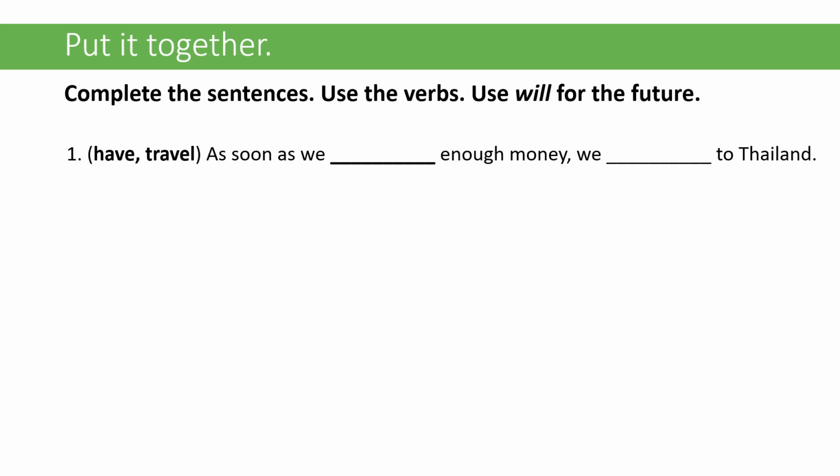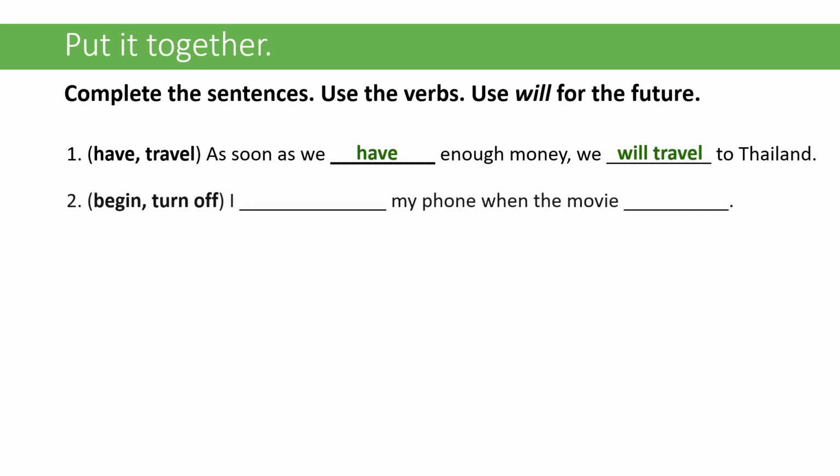So this one should be as soon as we have enough money, we will travel to Thailand. So this one should be I will turn off my phone when the movie begins. Here's the time clause, so it's simple present.